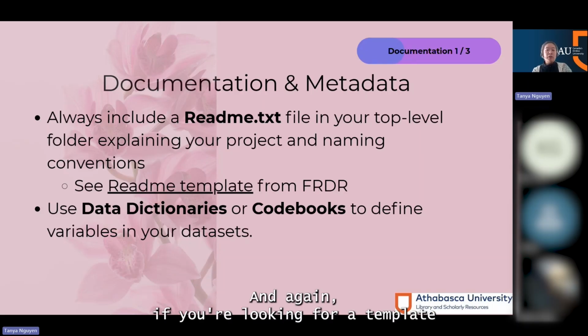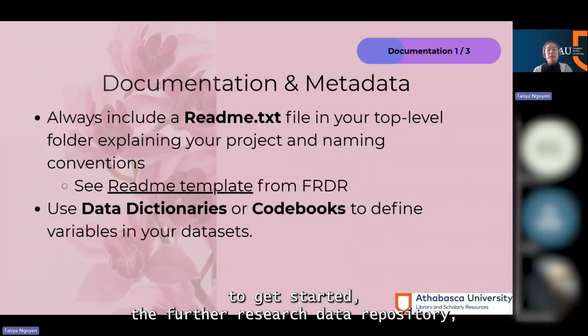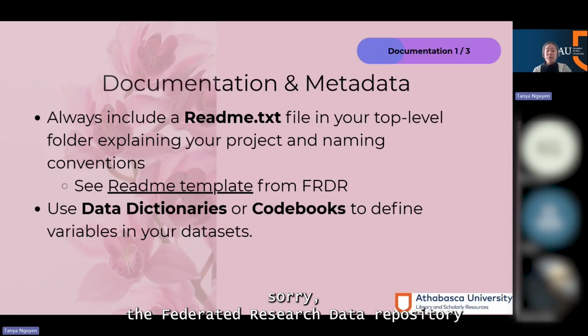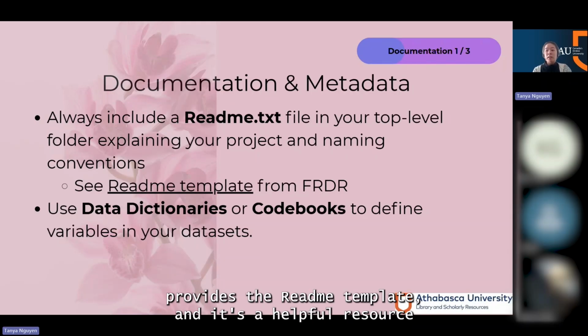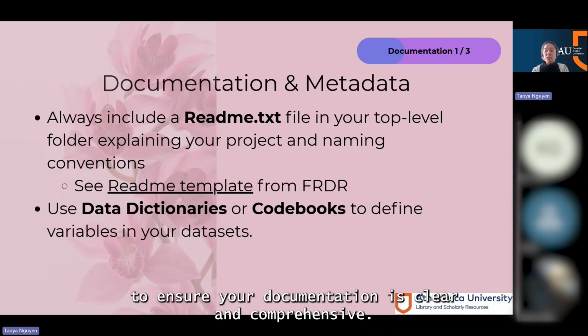And again, if you're looking for a template to get started, the Federated Research Data Repository, or Further, provides a README template, and it's a helpful resource to ensure your documentation is clear and comprehensive.